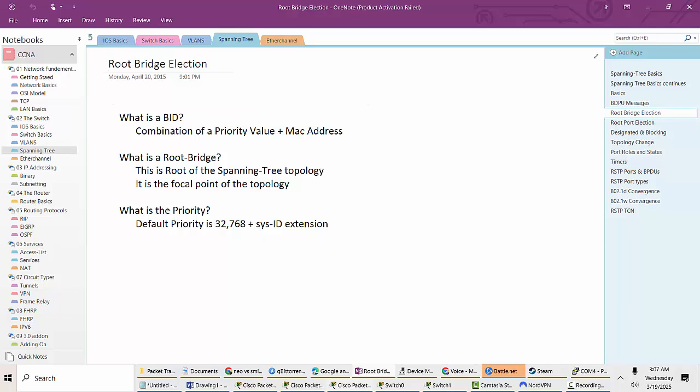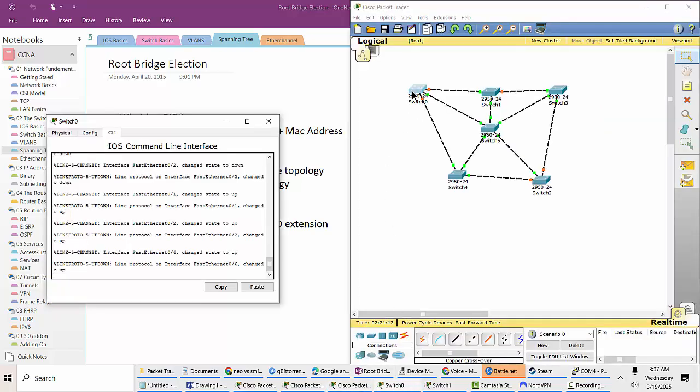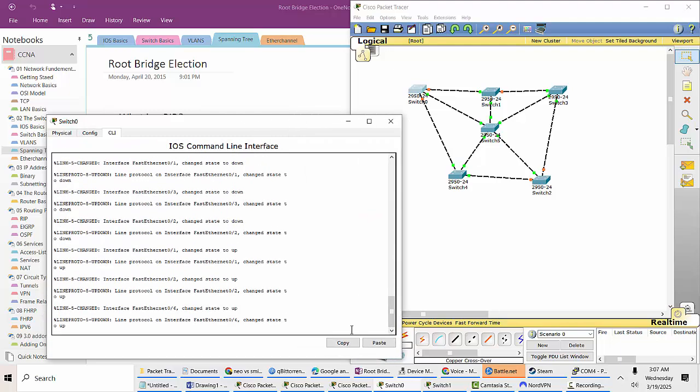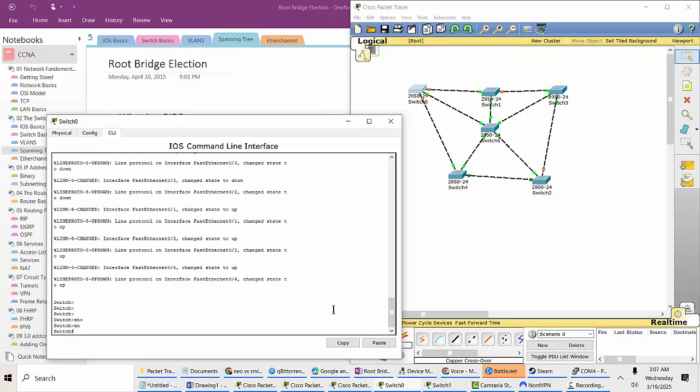Now, if we go back to Packet Tracer, actually, why even do that? Let's go back to the real switch.